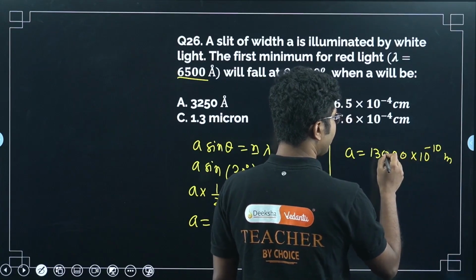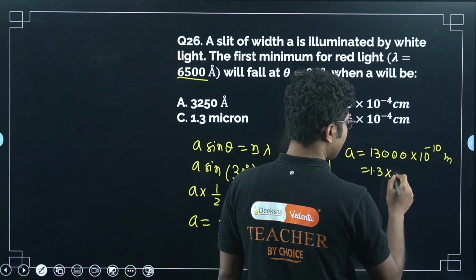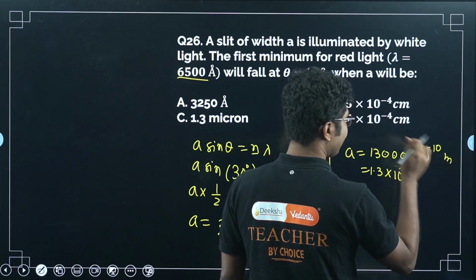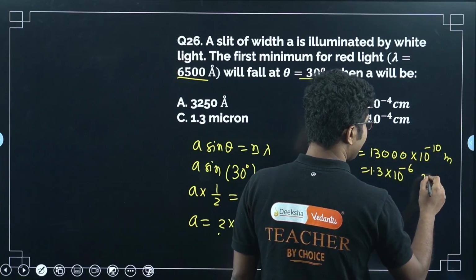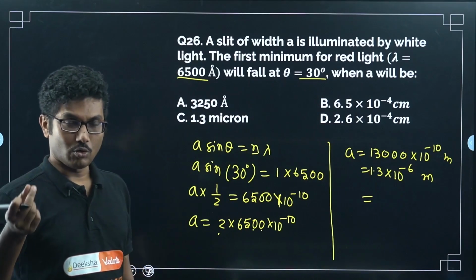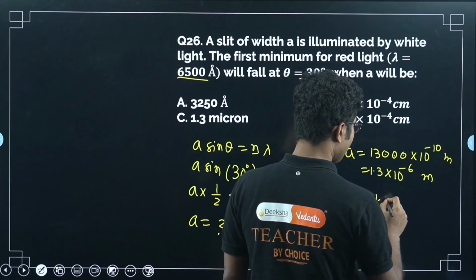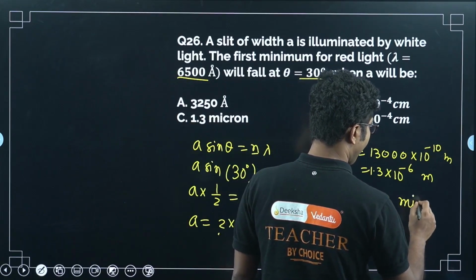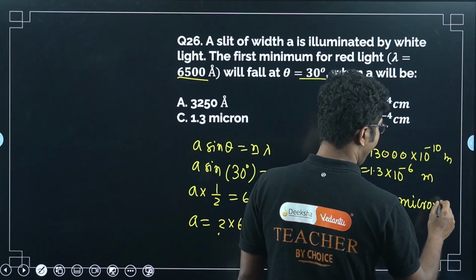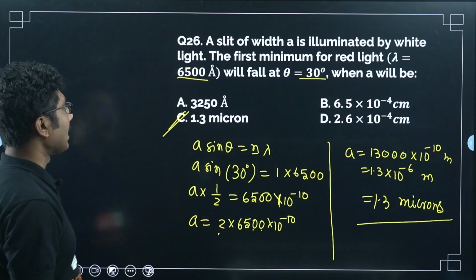If I write it as 1.3, then it becomes 10 to the power of minus 6 meters, four less. 10 to the power of minus 6 is micrometers, also called microns. So 1.3 micron is the correct answer.